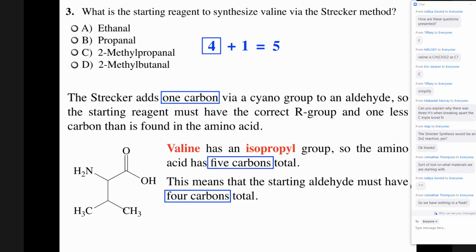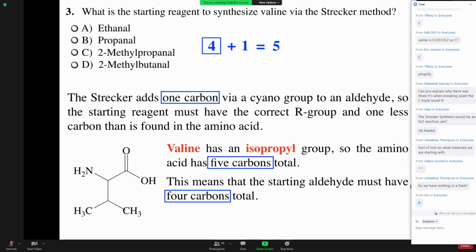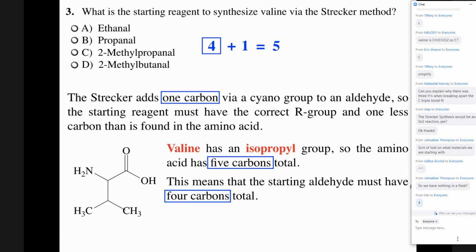So it comes down to, I want to make this compound and I want to use this procedure. I know that this is the target compound of 5, and I know that this procedure adds 1. So the thing I start out with must have how many carbons? Perfect, exactly. Has to have 4.